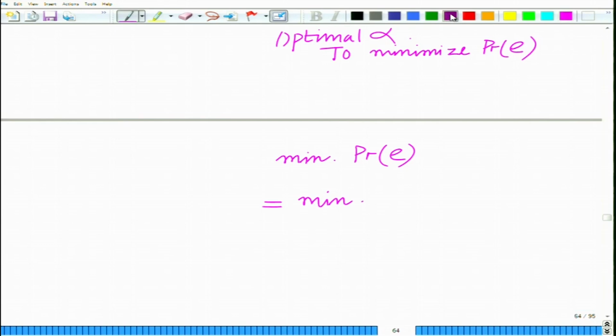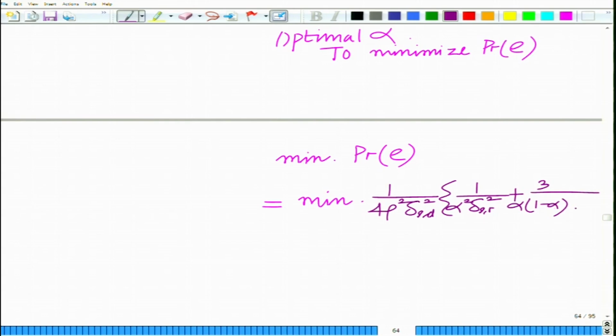Minimize your earlier expression that we derived: 1 over 4 rho square, delta SD square, times 1 over alpha square delta SR square plus 3 over alpha into 1 minus alpha delta RD square.